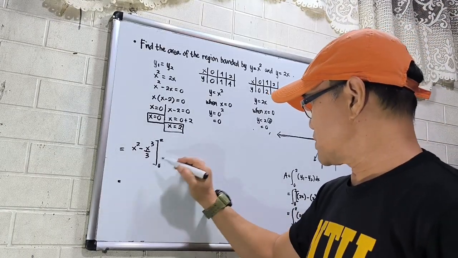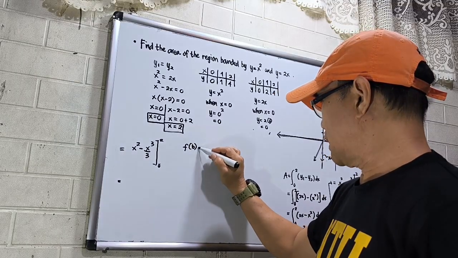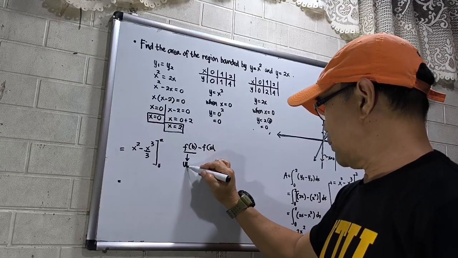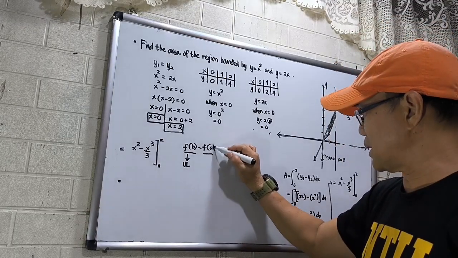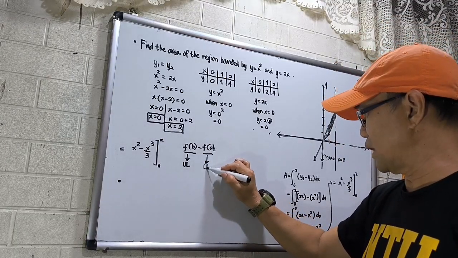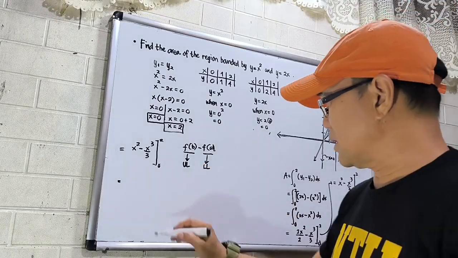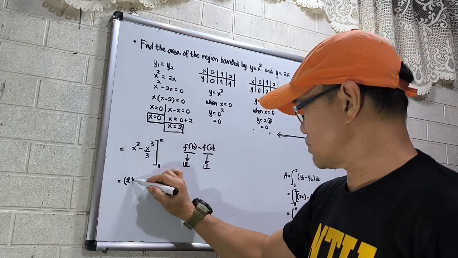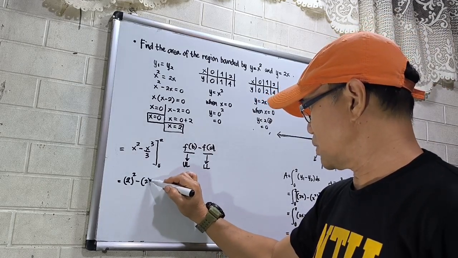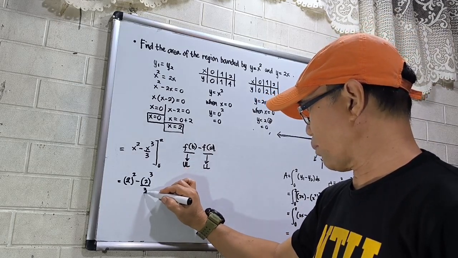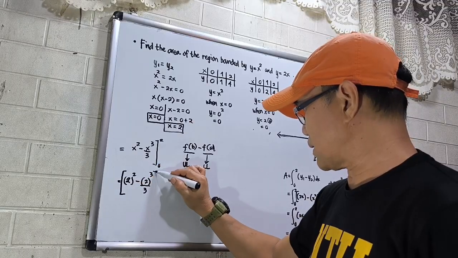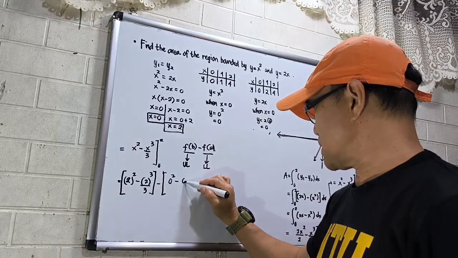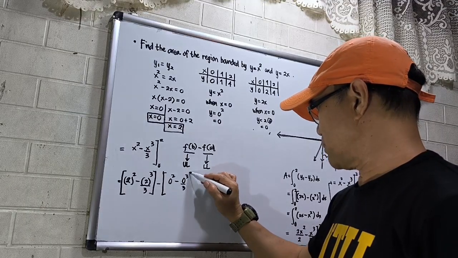Now I will apply f of b minus f of a, the upper limit minus the lower limit. I will start with the upper limit: 2 squared minus 2 cubed over 3, minus [0 squared minus 0 cubed over 3].